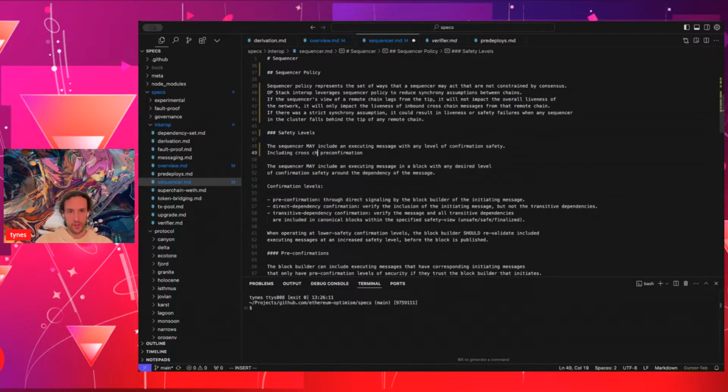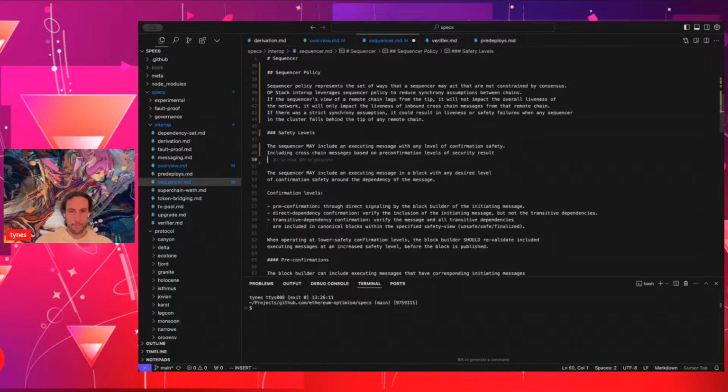Including cross-chain messages based on pre-confirmation levels of security results in lower latency messaging at a higher risk of an invalid block being produced.